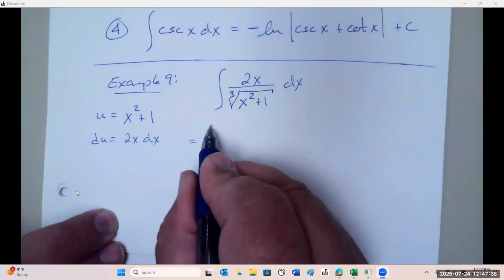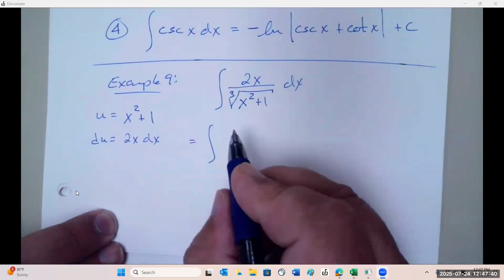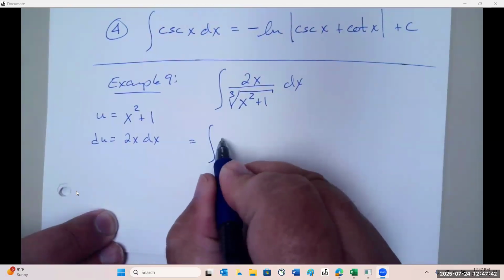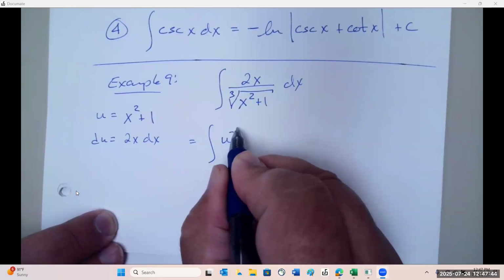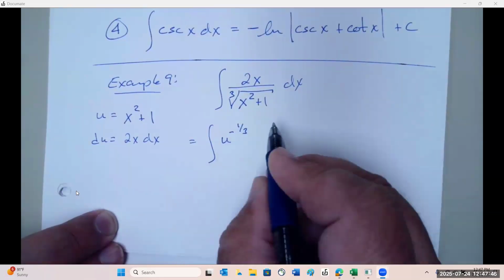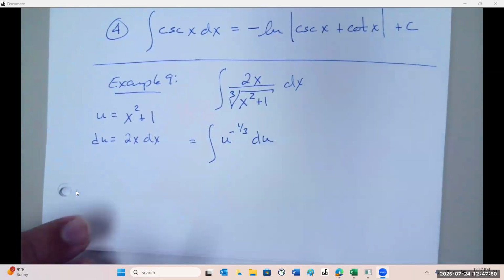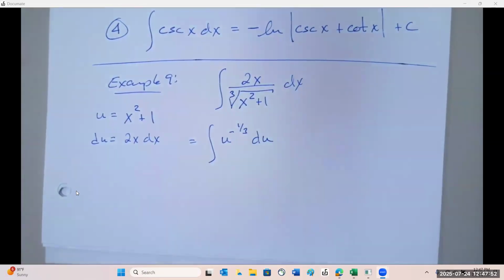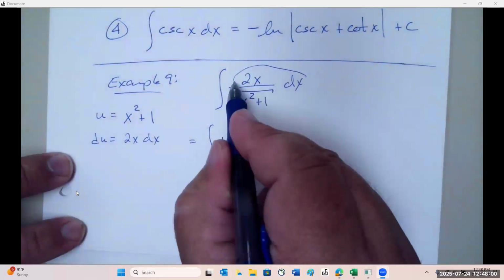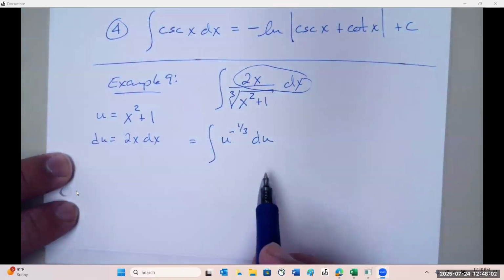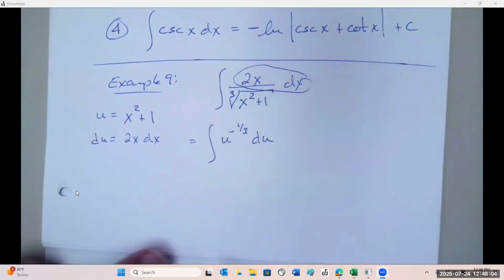So this can be rewritten as the integral of u to the power negative 1/3 du. Because here you have 2x dx, that's my du, and I can bring that one up on top.